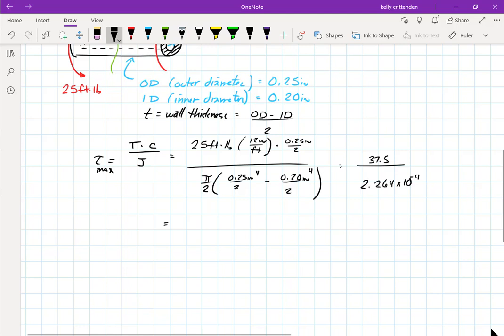Wait. That doesn't seem right. Let's see. Oh, because the order of operations in the calculator is not working the way I want it to.